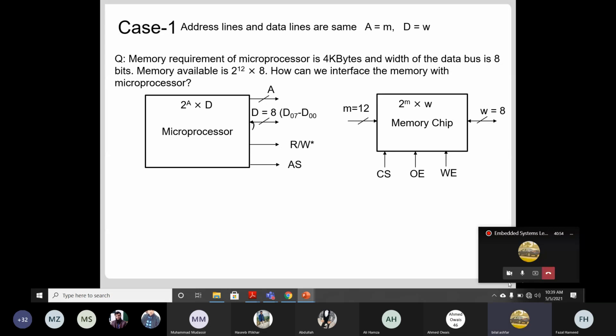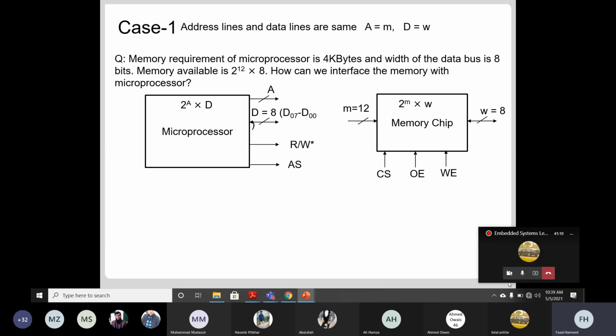M is the address lines for the addressable locations from the memory point of view. And what is W? W is the data lines from the memory's perspective. They are data lines.